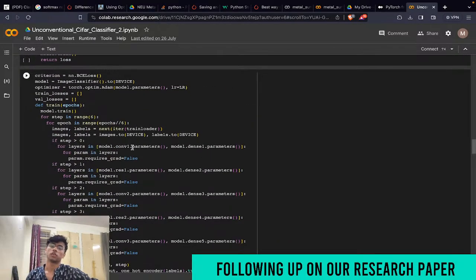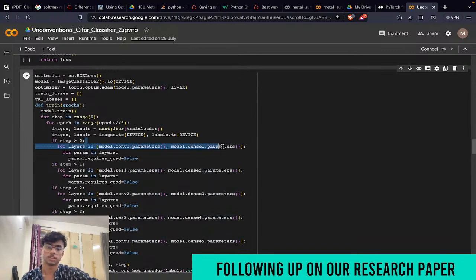So, for layer in model conv1.parameters, comma, dense.parameters. So I froze them here. What if I froze them there?